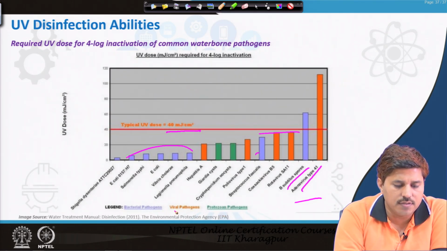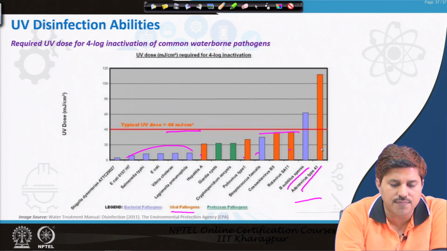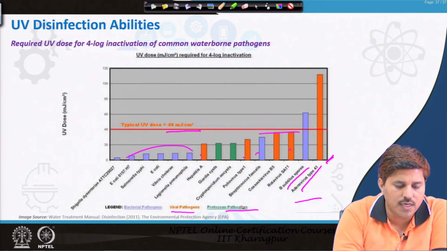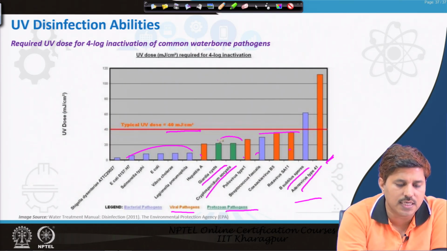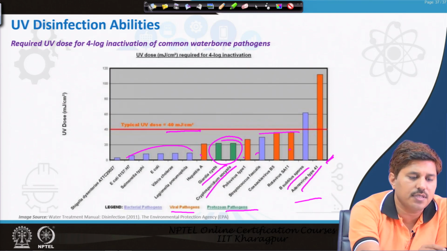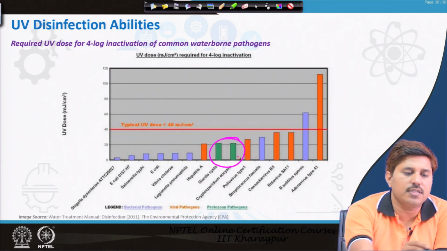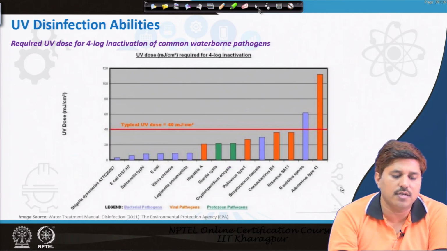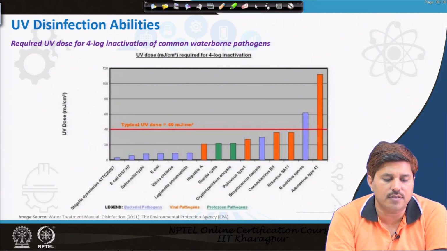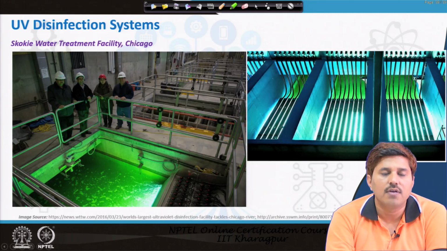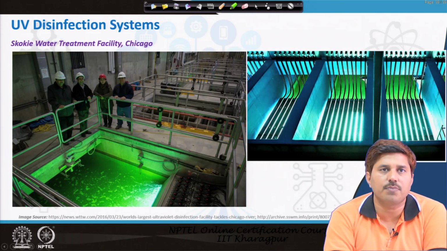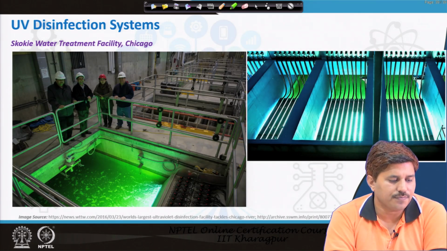The orange ones are viral pathogens, again taken care of, though some might still persist, and protozoa like Cryptosporidium and Giardia cysts are very well taken care of. That way UV is considered very effective because it can take care of Giardia and Cryptosporidium, which are difficult to remove with simple chlorination systems.